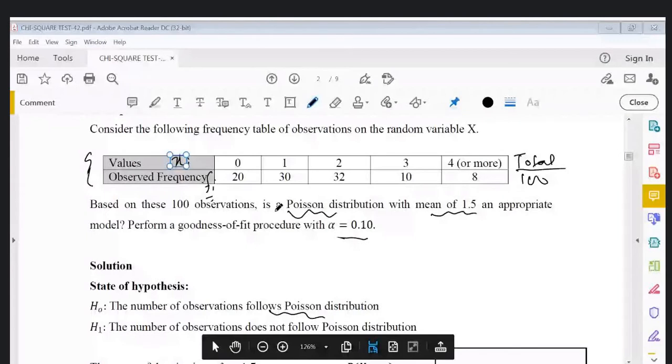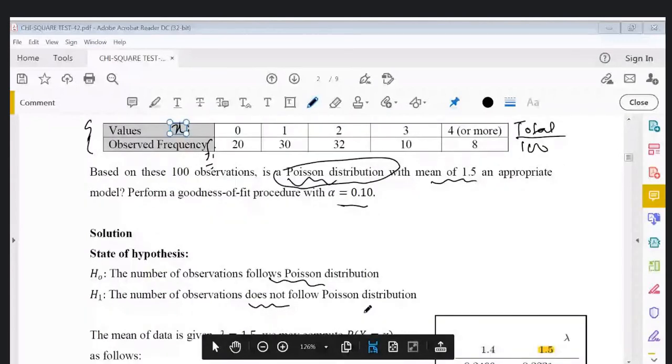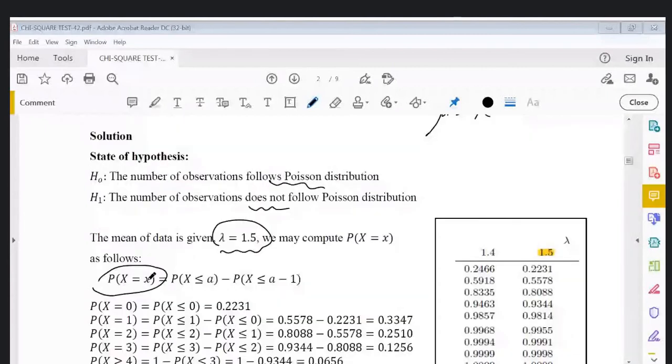If you want to find P(X = a), you can use this formula: P(X ≤ a) minus P(X ≤ a − 1), or we can use the Poisson formula e to the power minus lambda, lambda to the power x, divided by x factorial.